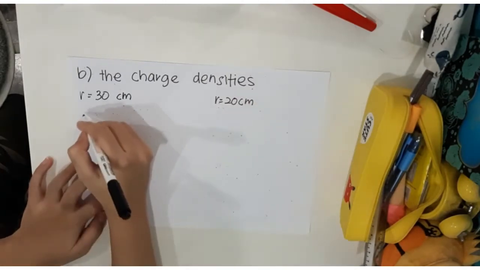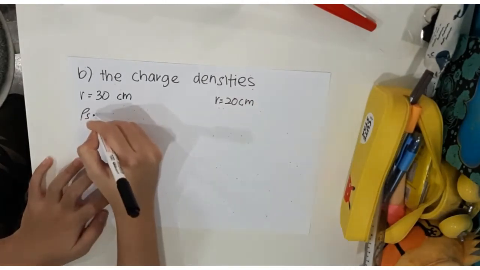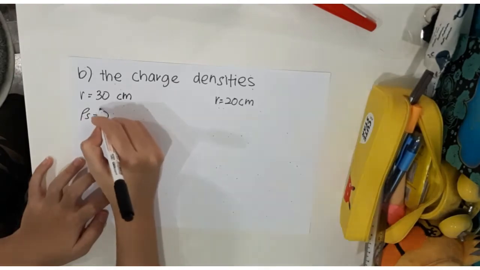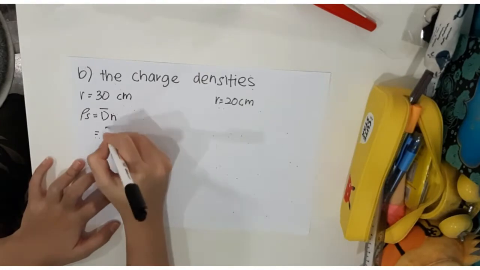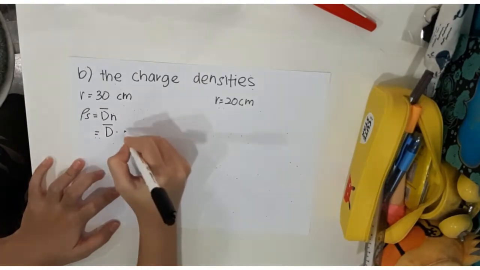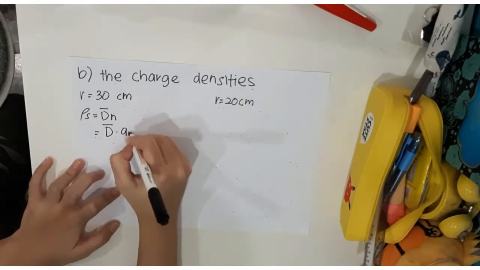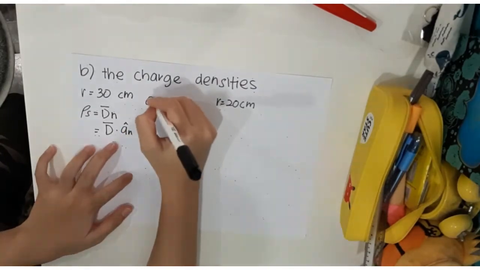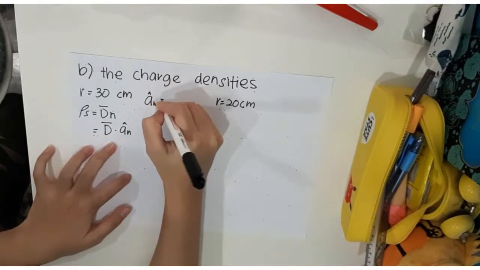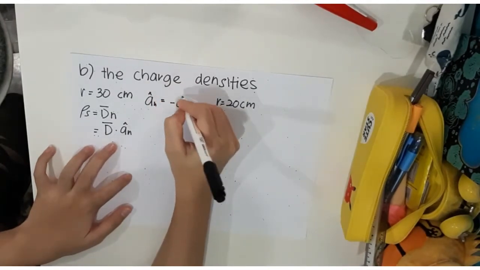The basic equation we're going to use is rho S equal to Dn. Dn is actually D dot a_N. I want you to note that a_N equals negative a_R.